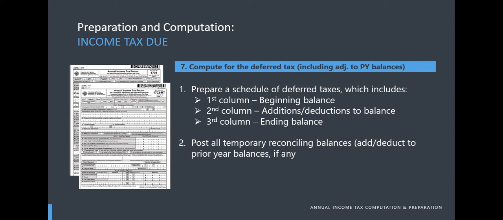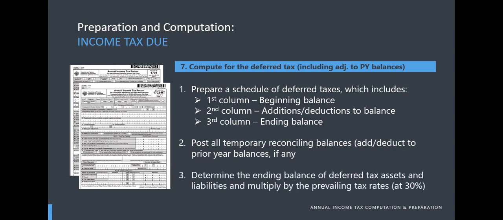So you need to add or deduct the prior year balance, which post all temporary reconciling balances, and then add or deduct to the prior year balances, if any. And then determine the ending balance of deferred tax assets and liabilities and multiply by the prevailing tax rates. Or, pwede naman, mauuna mo na i-multiply yung, kunin mo na yung equivalent tax rate niya para hindi ka na mahirapan.